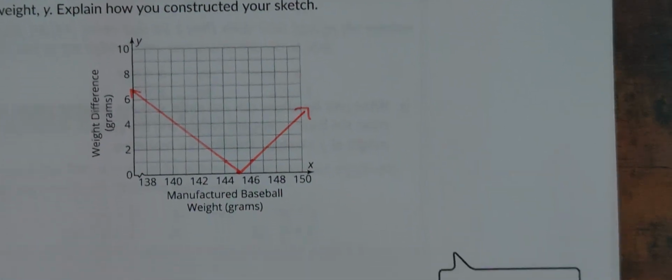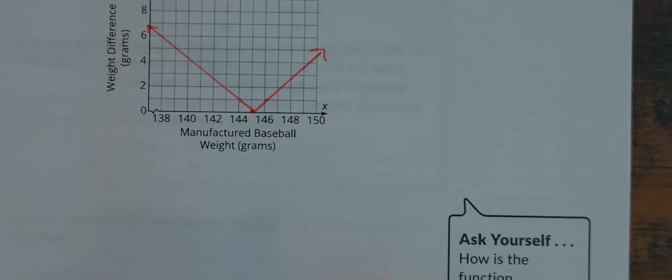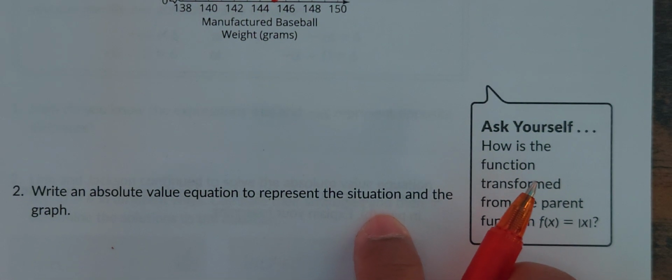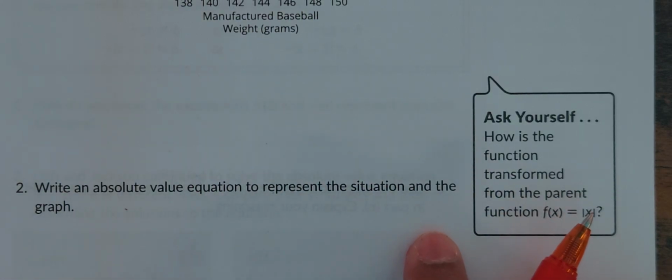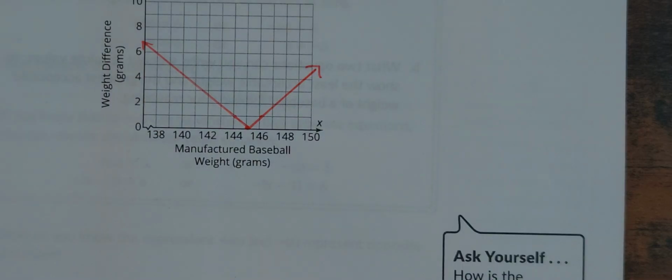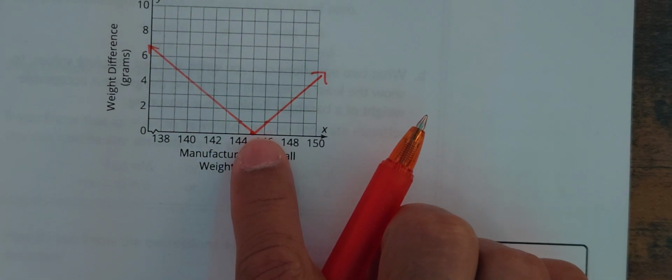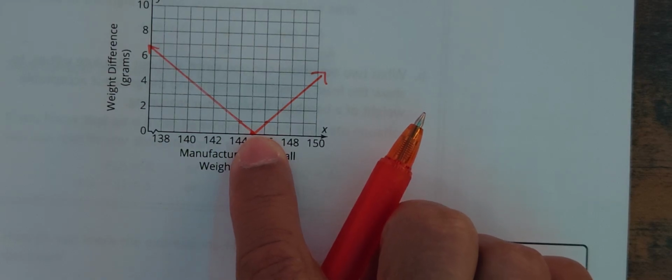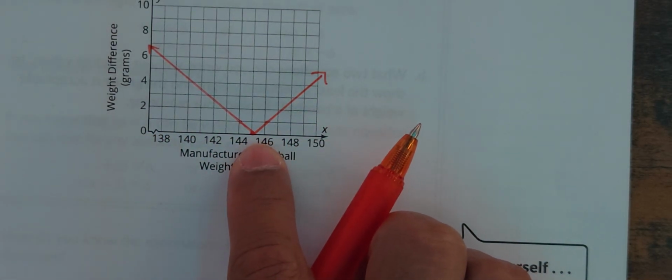So then part two says write an absolute value equation to represent the situation and the graph. As you notice from transformations, remember I said don't forget the values of a, b, c, and d. So which value is this? Is that an a, a b, a c, or a d when the graph goes to the right of the origin?